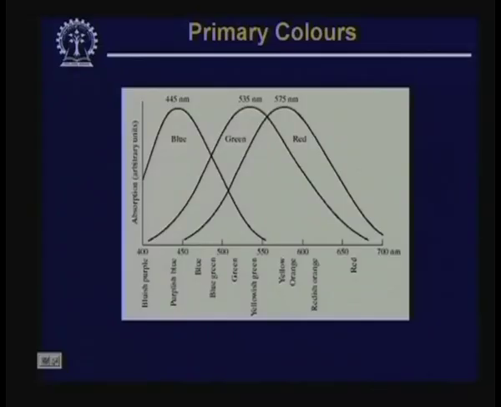There are some cone cells which sense the light in the red wavelength, some which sense green light, and some which sense blue light, and these lights are mixed together in different proportions in an appropriate way, so that we can have the sensation of different colors. This is the main reason why we say that red, green and blue are the primary colors, and by mixing these three primary colors in different proportions, we can generate almost all the colors in the visible spectrum.